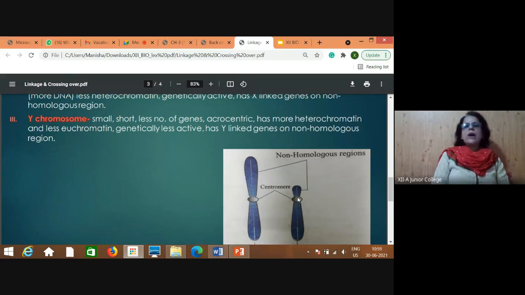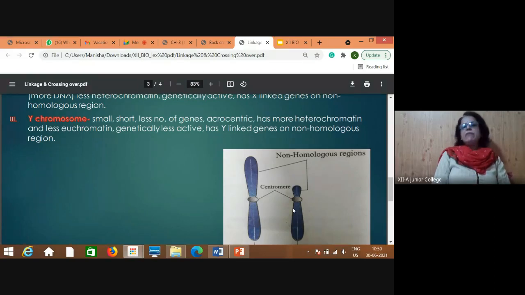That makes the two arms equal, which is called the metacentric nature. Whereas the Y chromosome is not metacentric, but has unequal arms. That is called the acrocentric form of the Y chromosome, where one arm is shorter and the other is larger. And in the Y chromosome, heterochromatin, the non-genetic region, is more, whereas euchromatin, which is more active and has more DNA, is less.